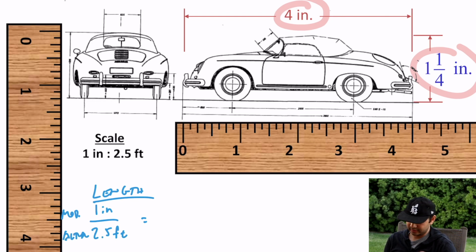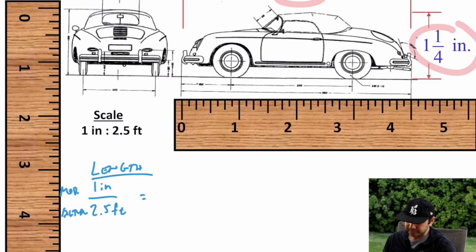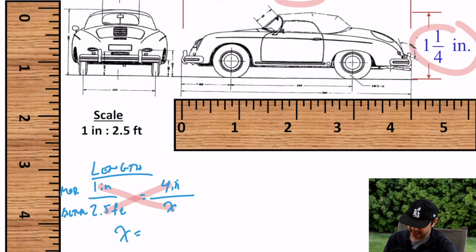Okay, not very neat, but let's zoom in there. All right, and so the length on the model is shown there as 4 inches, so that has to go on top. And the bottom is going to be x. So same thing, I'm going to cross multiply here. 1 times x is just x, and 4 times 2.5 is going to be 10.